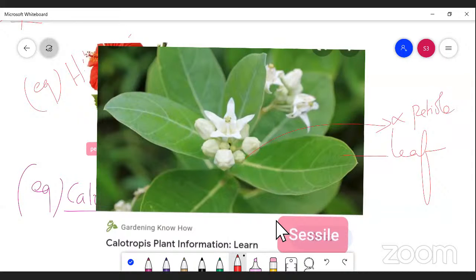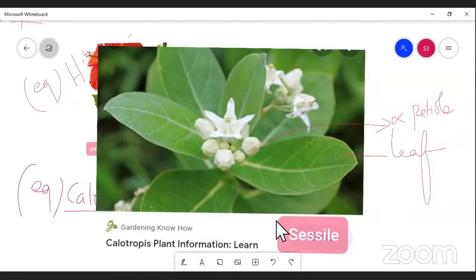Such a leaf is said to be in a sessile condition. My dear student, you can understand. Calotropis, it is called in Tamil, right? In which you find absence of petiole. It is called sessile. If petiole is present, it is said to be petiolate. So it is a technical term to understand the parts of the leaf, right?